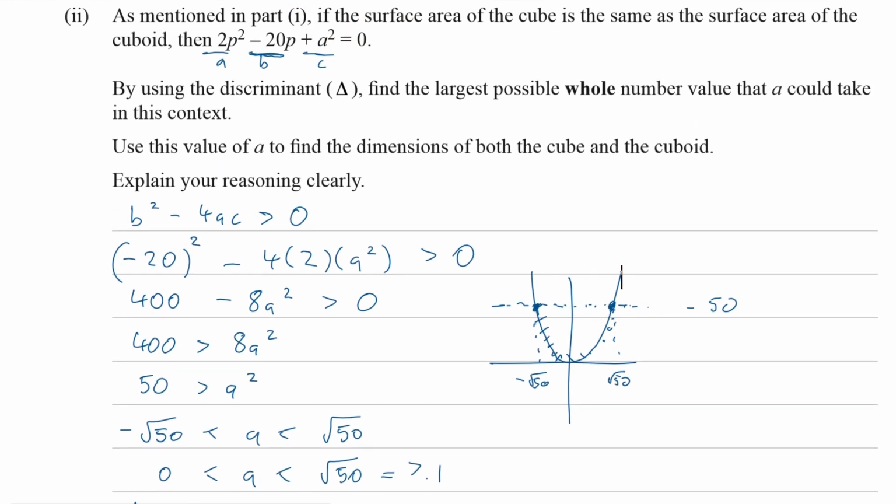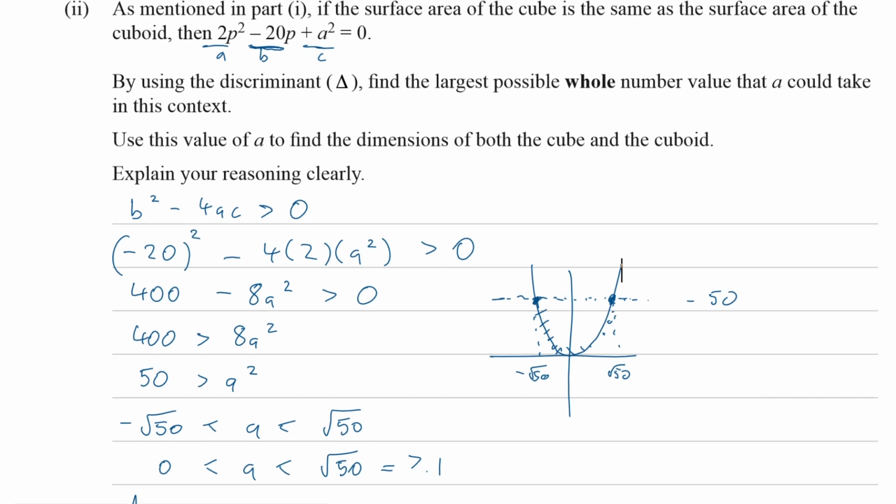So let's substitute in our value for a into this quadratic and solve for p, and then test that that solution for p is meaningful, right? If it has a negative value or just doesn't make sense, then we need to try a different value for a.